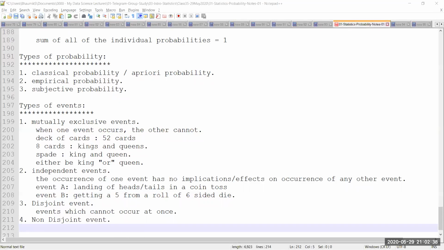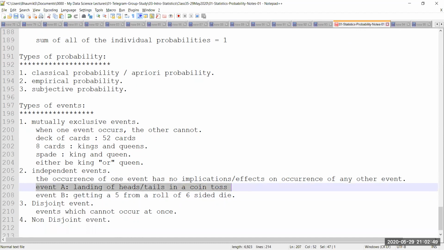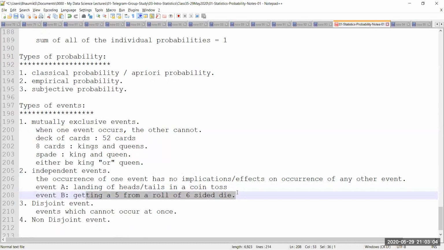No. Independent events. See, independent events is when, as in the example I took, let's say this is me, this is you. Event A is being done by me, event B is being done by you, and we both are sitting on the same sofa, or maybe sitting near each other in our office, and we don't have any work. So I am doing a coin toss, you are doing a die roll.